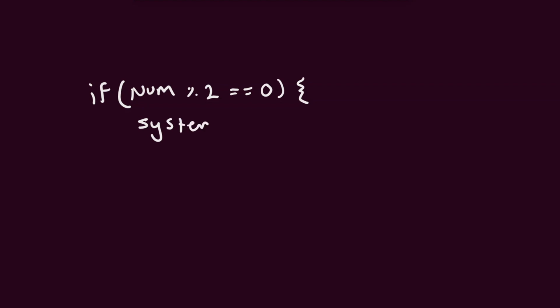So a very easy program we could make is to check if a number is even or odd. So let's say we have a number, and to check if it's even, if we do modulus 2, its remainder should be 0. Okay? And then we would print out that this is even.